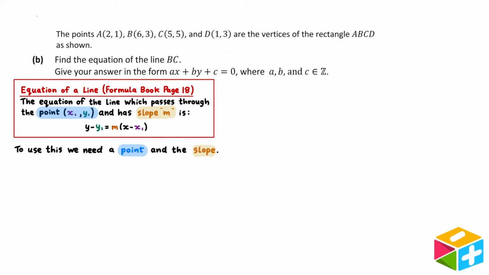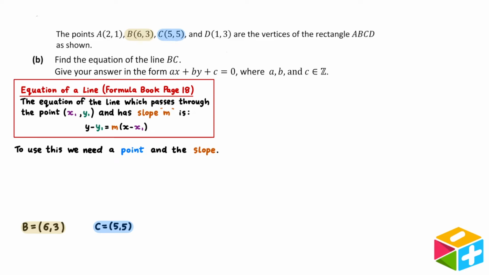To use this formula, we need to know two things: a point on the line and the slope of the line. We want the equation of the line BC. In other words, the line that passes through the points B and C. So we actually know 2 points on our line.